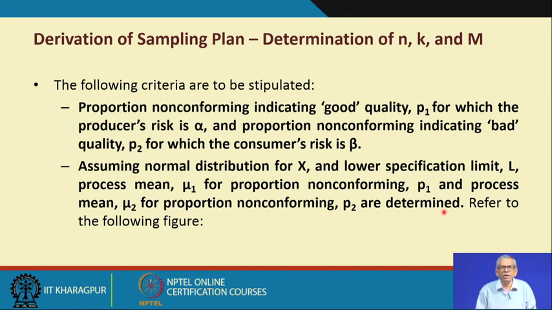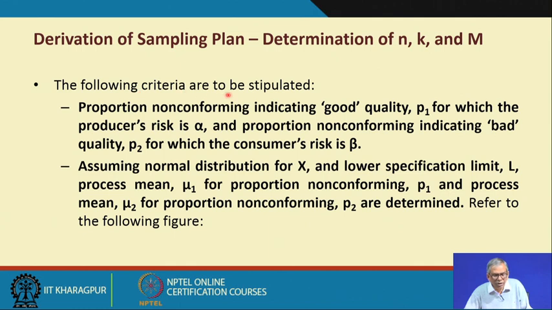That means you must be able to derive the expressions for the sample size as well as the other parameter values of a given variable sampling plan, where the objective is to control the proportion non-conforming. So essentially it is an exercise for determination of N, K and M.